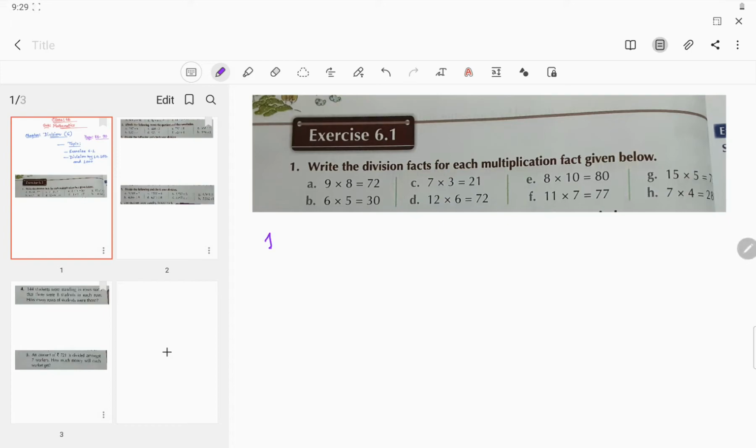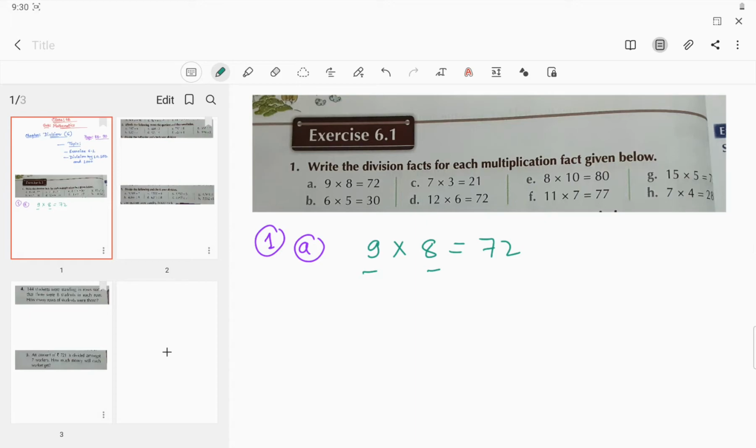In question number 1a, it is given 9 cross 8 equal to 72. Now you have to write the division facts. You know 9 and 8 are the factors of 72. So how to solve this type of question?